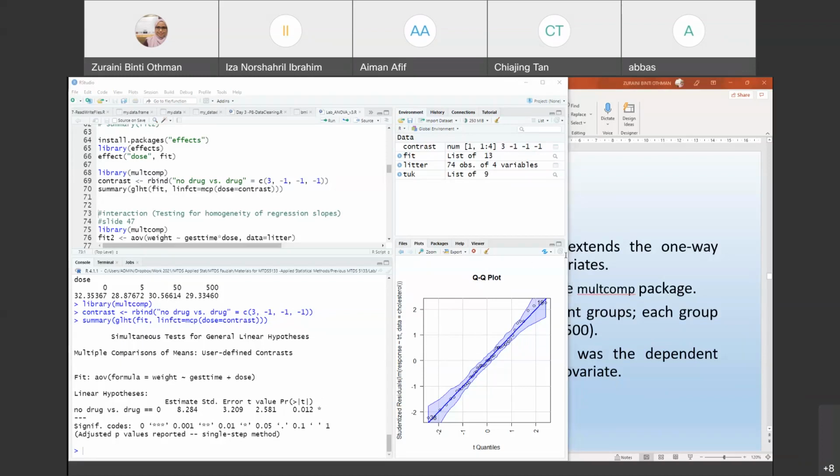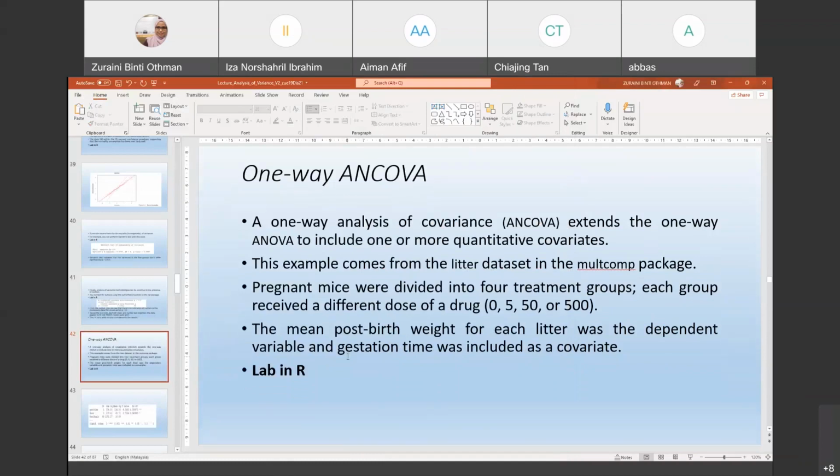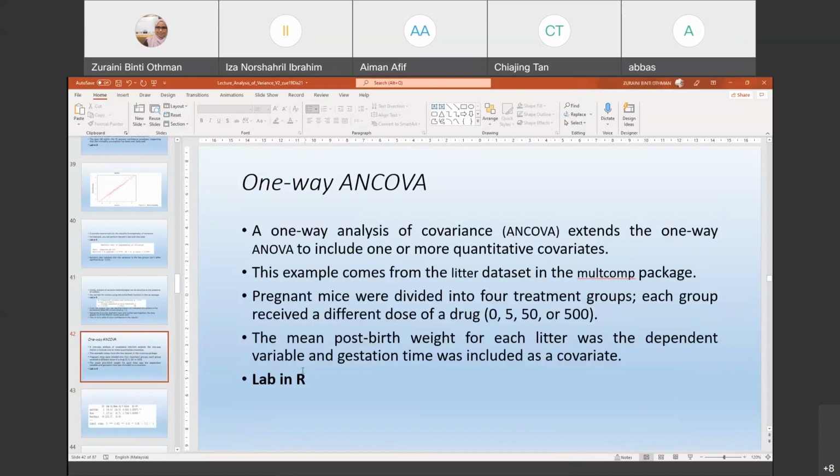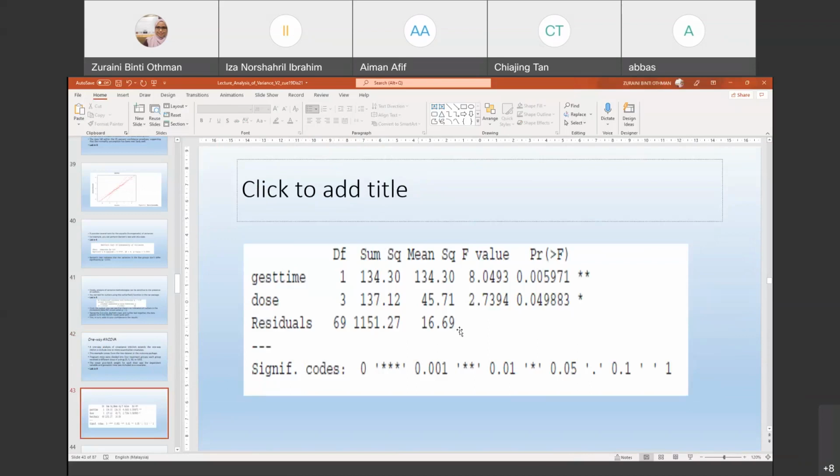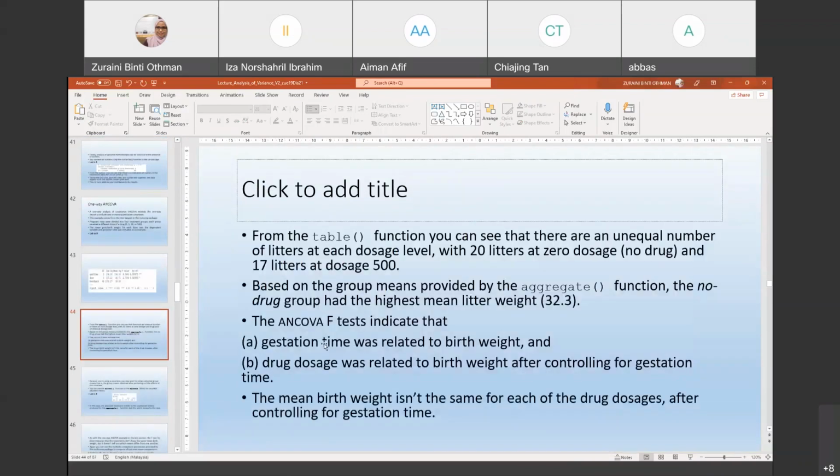Okay, then how can we assess the test assumption for this? This is the one-way Anova we did in the lab just now, with gestation time and dose. The Anova F test indicates the gestation time was related to the birth weight, and drug dosage was related to birth weight after controlling for gestation time.